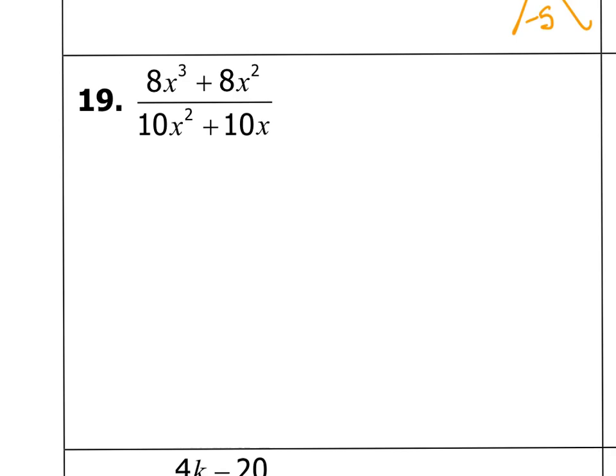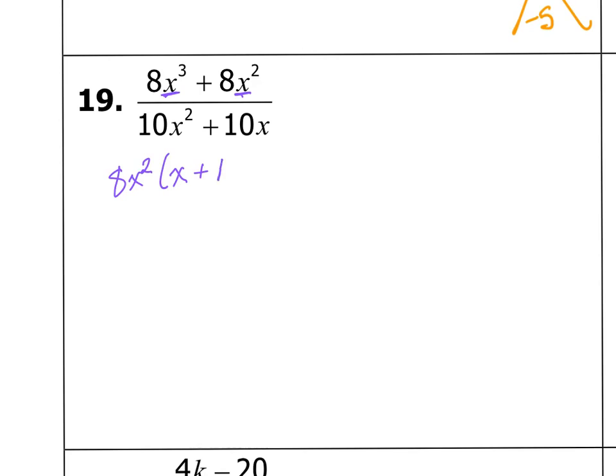What can I factor out of 8x cubed plus 8x squared? Well, I know I can take an 8 out because there's an 8 in both terms. And then, look, I have an x cubed and an x squared. What's the most amount of x's I can take out of both of them? Well, that would be x squared. So that leaves me with an x here plus, what do I multiply 8x squared by to get 8x squared?